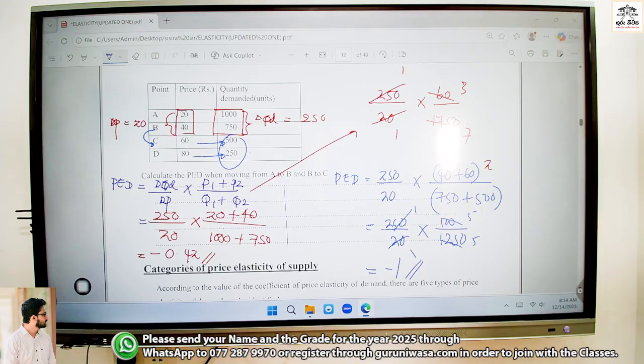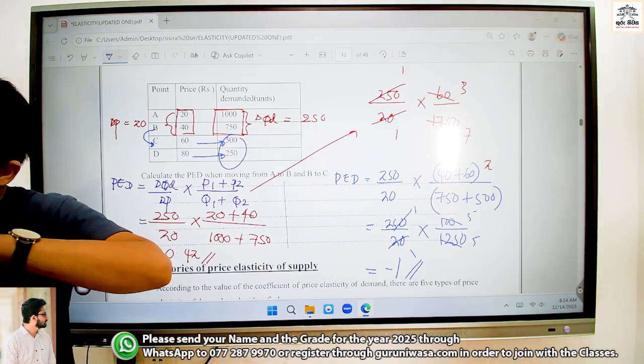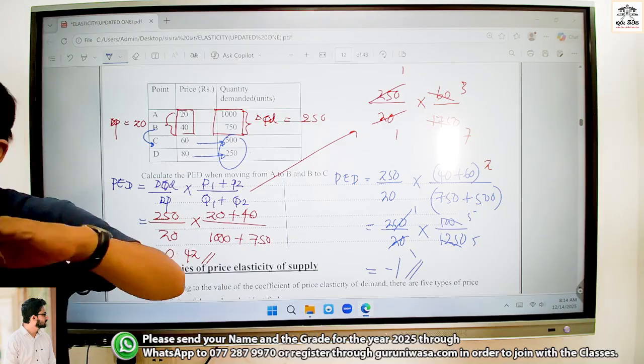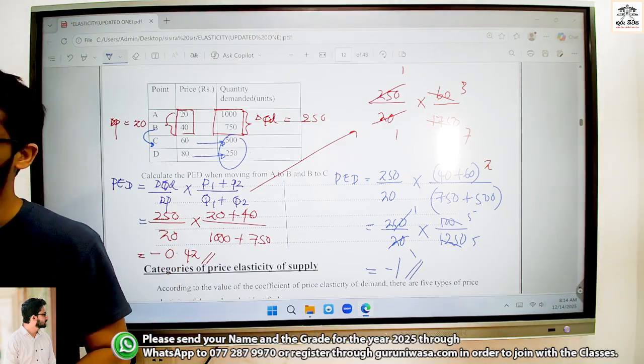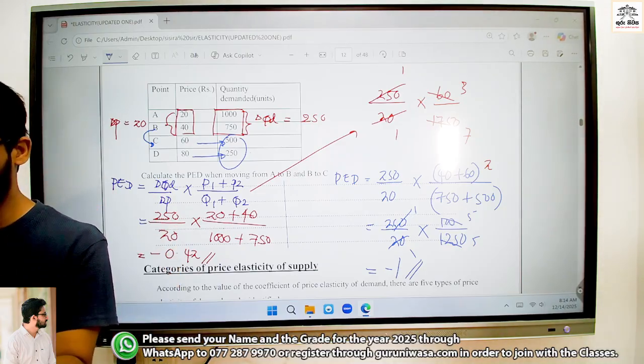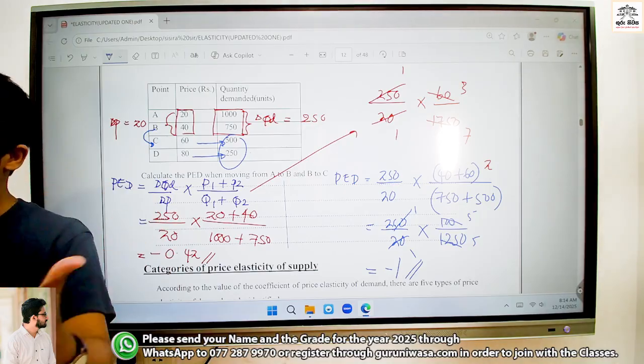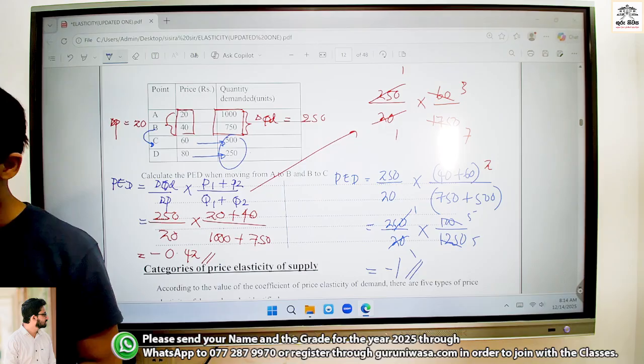Or they say a range: calculate the price elasticity of demand for this price range. Range means arc price elasticity. Calculate the price elasticity of demand at this price means point price. Clear? Right.